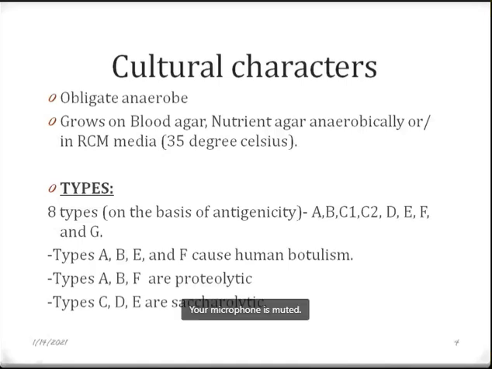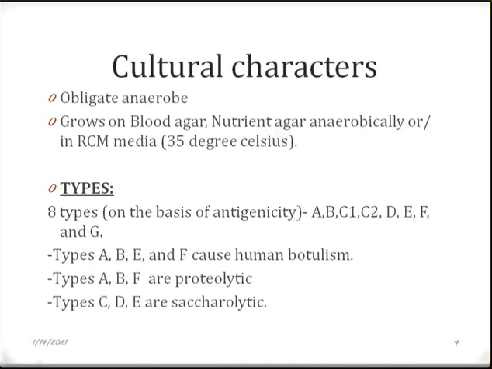Type A, B, and F are proteolytic. Proteolytic means if we grow type A, B, and F Clostridium botulinum on RCM, Robertson's cooked meat media, they will produce a black color. Types C, D, and E are saccharolytic.